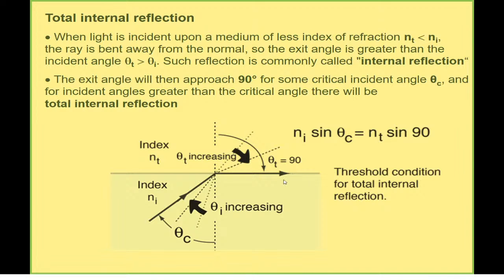Total internal reflection. No light goes into the second transparent, optically uniform medium, but all energy comes back into the first medium.